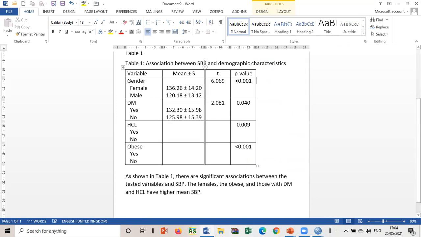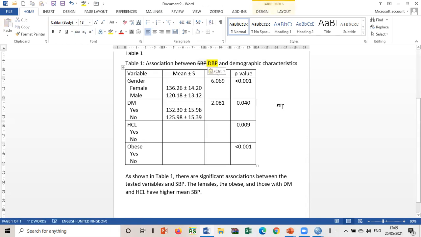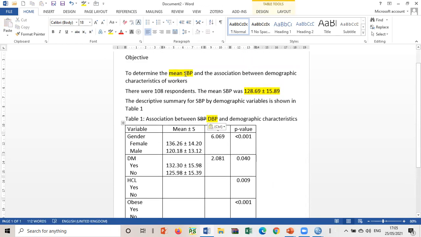Now you repeat the same thing for DBP. Change this to DBP. Objective, mean DBP.